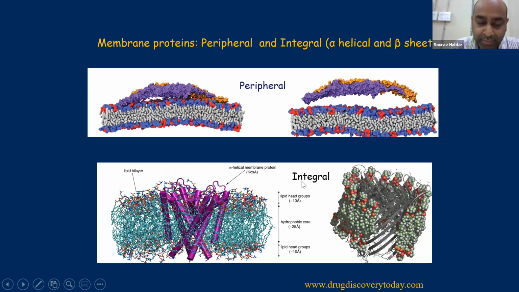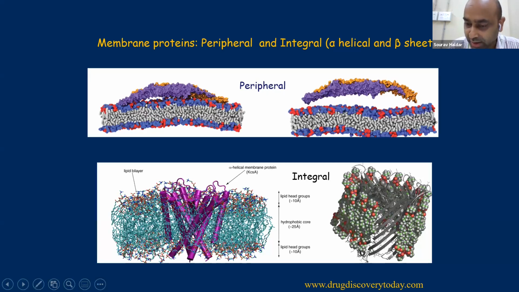Transmembrane proteins are not only alpha helical, there is also a class of beta barrel proteins. For example, bacterial porins are all beta barrel proteins. Another classic beta barrel protein is VDAC, the voltage dependent anion channel found in mitochondria.